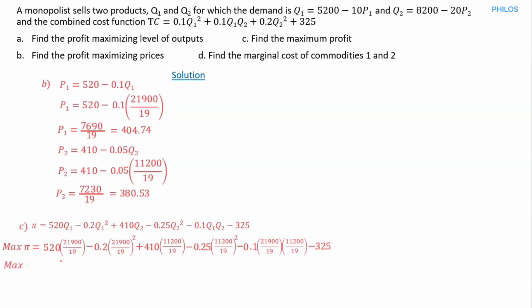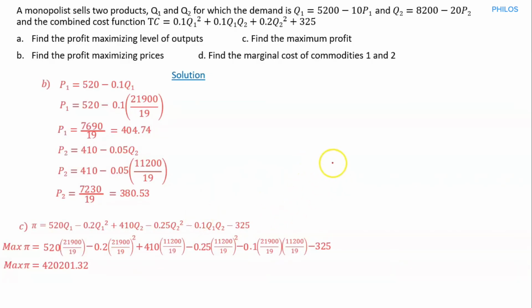The maximum profit will be equal to, when you put all this on your calculator and you solve it properly, you should get 420,201.32. So the maximum profit is 420,201.32. You add a currency to it. If you are dealing with dollars, you write dollars.